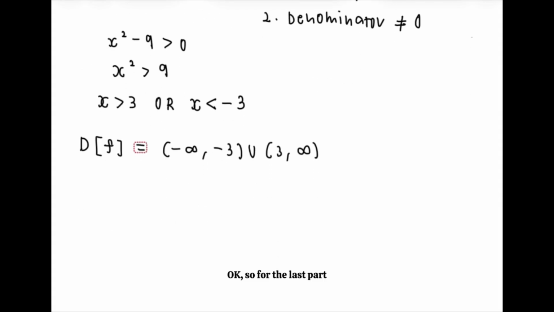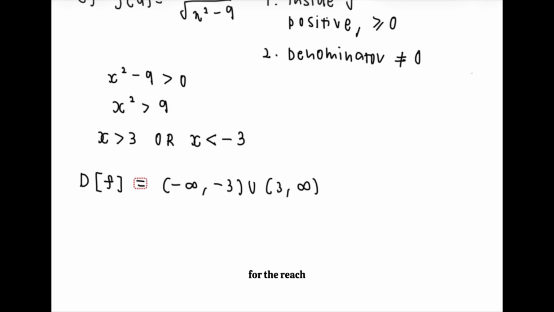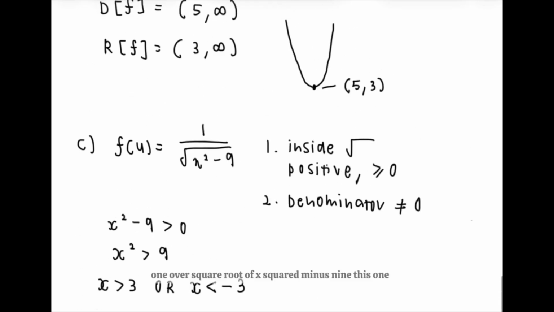Okay, so for the last part, for the range, now think about what happens to the expression 1 over the square root of x squared minus 9, this one.